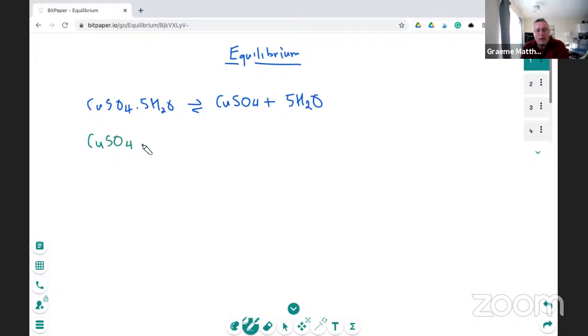But what this means is, the copper sulfate pentahydrate here, this reaction in blue means that it can proceed forward. And so you get copper sulfate and 5H2O. And it can also proceed backwards. So this is the forward reaction. This is the reverse reaction like this.